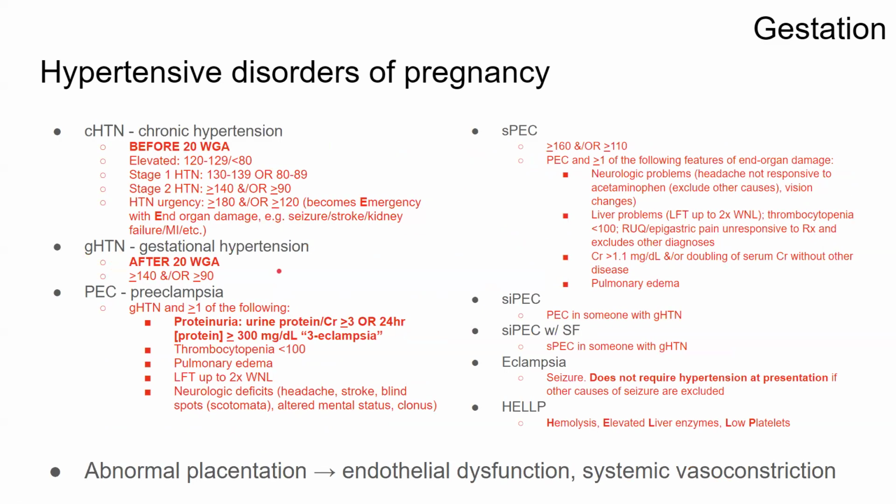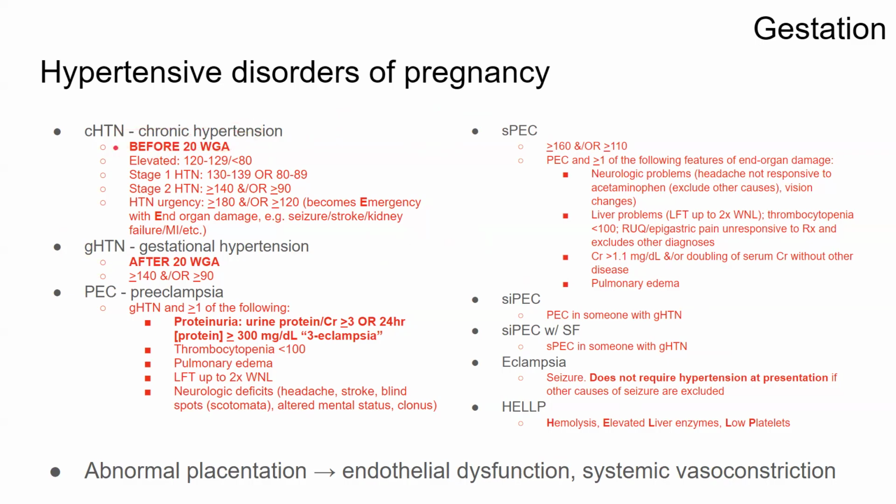So this is a very busy slide that has all of the differentiating features of hypertensive disorders of pregnancy. This is extraordinarily high yield, not just for shelves and Step, but also for clinical practice. I'll just go through this.